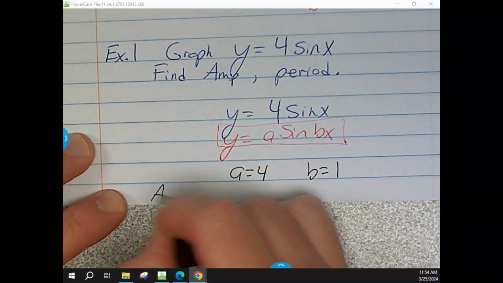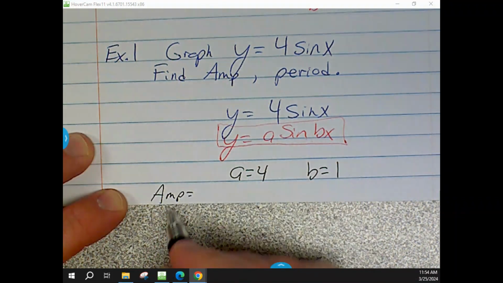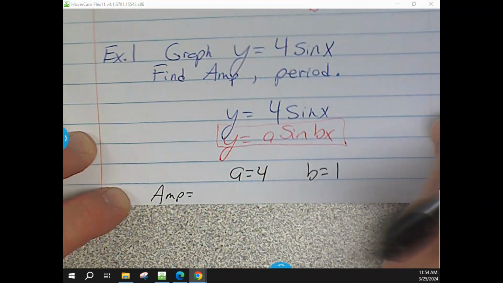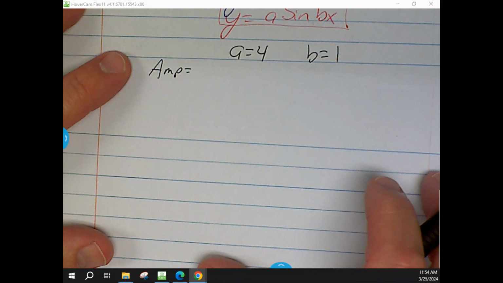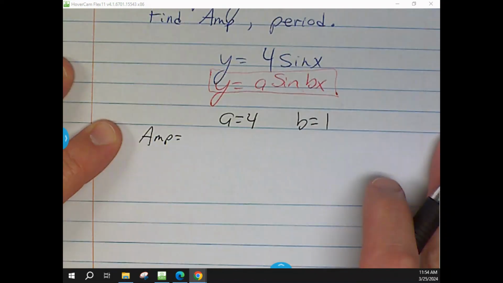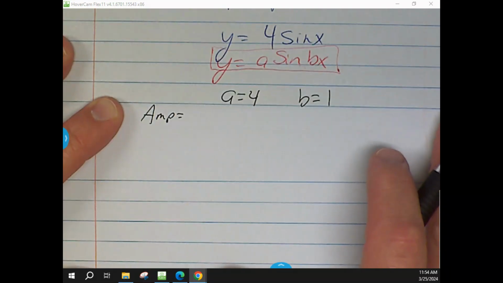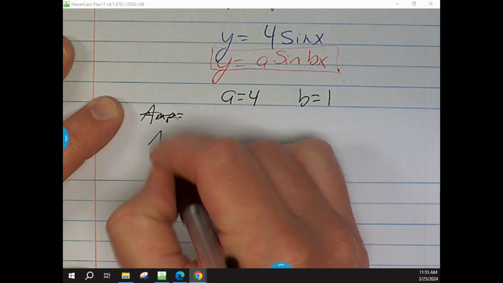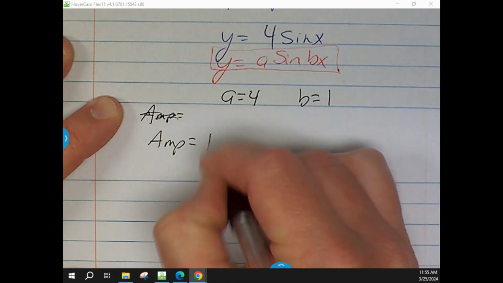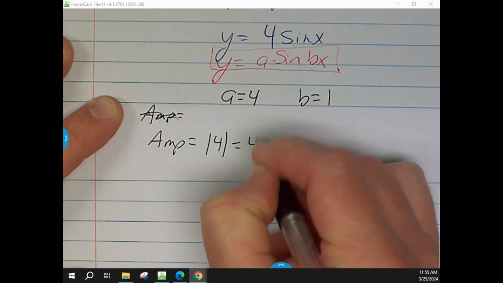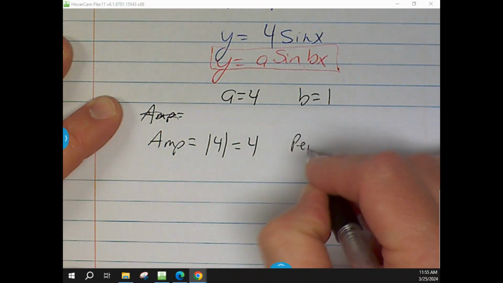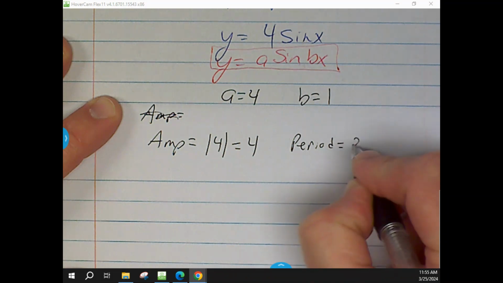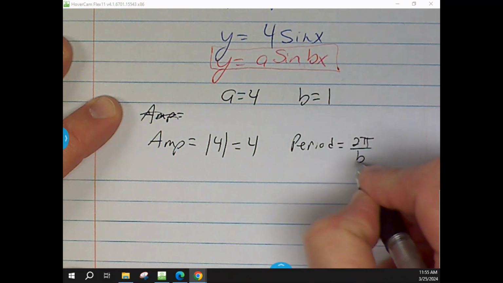Okay, so for the amplitude, actually I'm going to run out of room here, so I'm going to skip down to the next page. I'm going to slide the page down here. All right, so for the amplitude, it's the absolute value of 4, which is just 4. No big deal there. For the period, that is 2 pi over b.